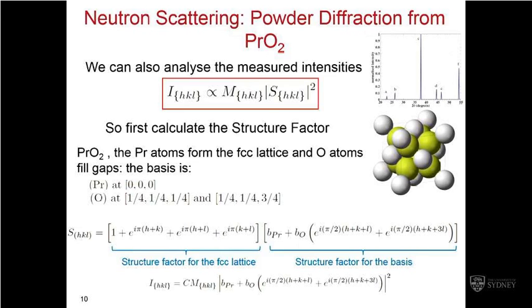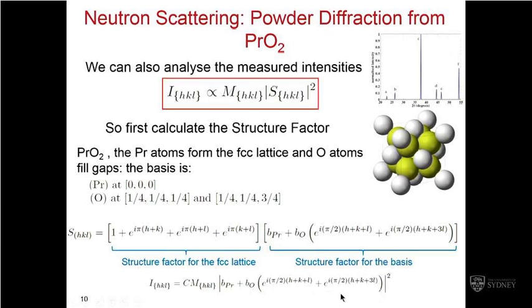Remember, we had the structure factor being written as a product of the structure factor for the FCC lattice and then a structure factor for the basis. Okay? We've looked at the first part. Now we're going to concentrate on the structure factor for the basis here, involving the scattering strength for the praseodymium atom and the scattering strength for the oxygen atom.